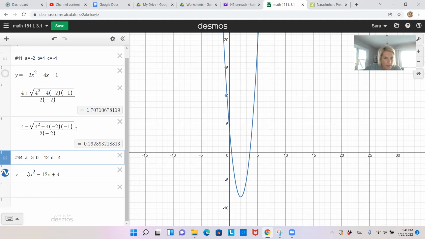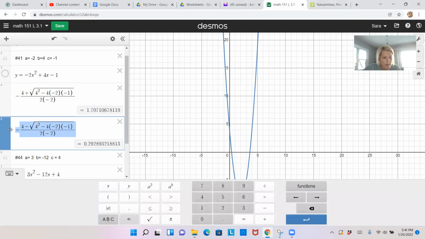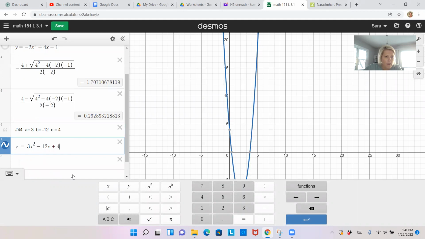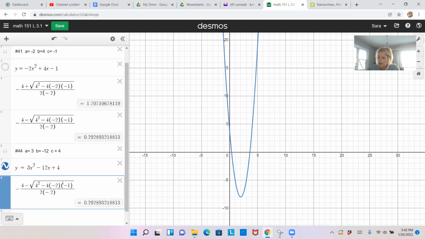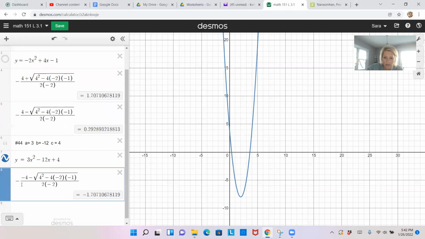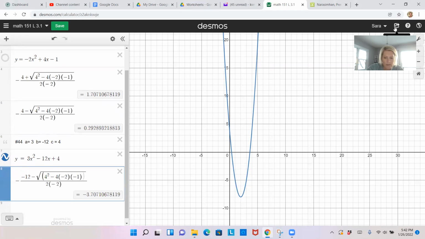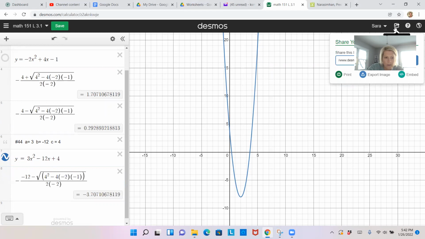Okay, and so I'm going to copy my entire quadratic formula, Control V, paste it, and then I'm just going to edit mine. So mine is the opposite of negative 12. And then I'm going to do the negative one first, so subtracting, and then inside it's parentheses, negative 12, parentheses.